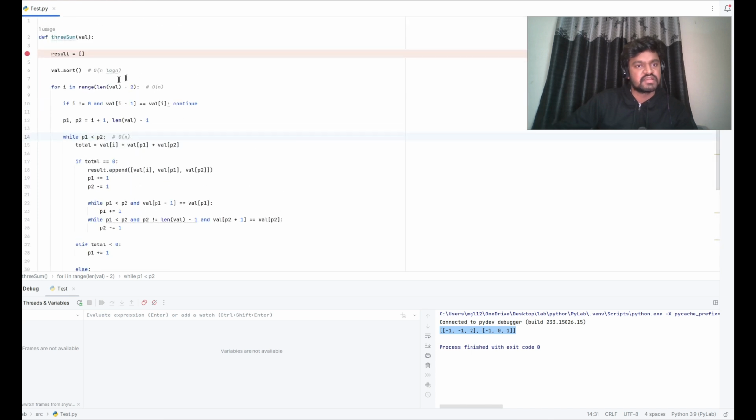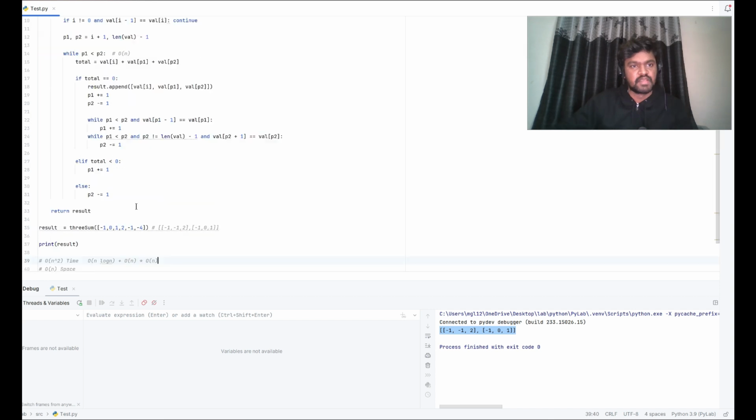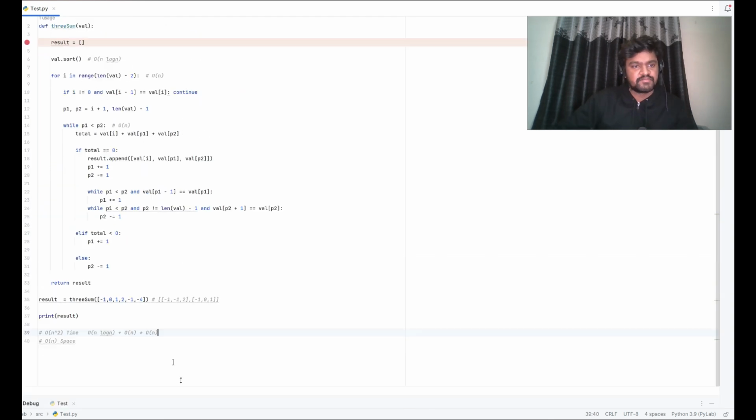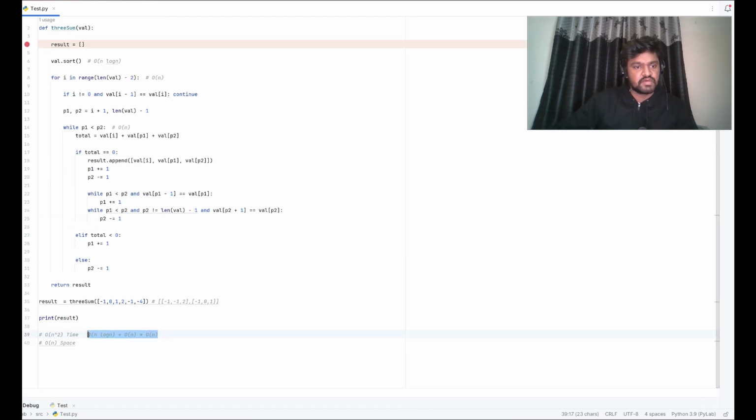So finally n log n. Okay, I'm just writing it here. If you see here, I have order of n log n, plus order of n multiplied by order of n. So when you multiply these two, it will become order of n square, correct? And when you add, you don't need to add it actually.